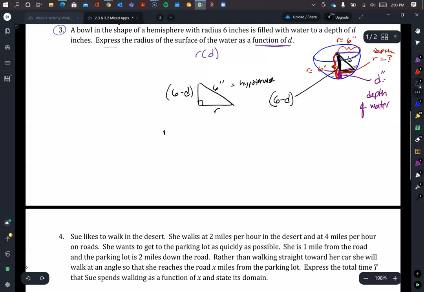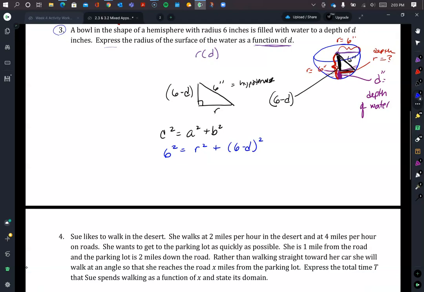I have the formula c squared equals a squared plus b squared. It doesn't really matter which one we call a or b. So we'd have 6 squared equals r squared plus (6 minus d) all squared.